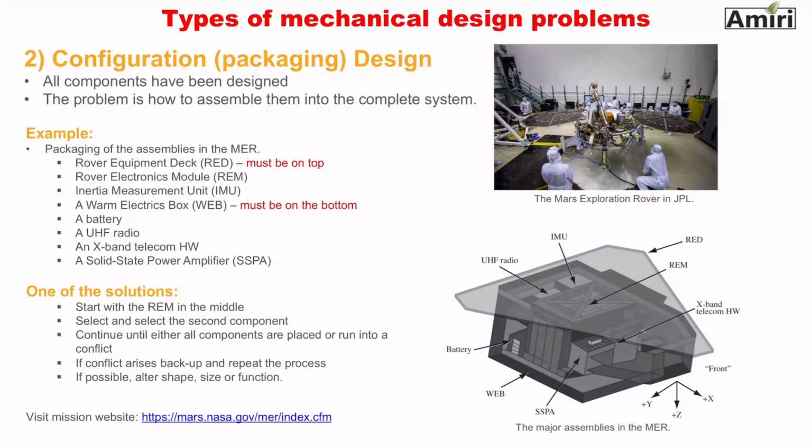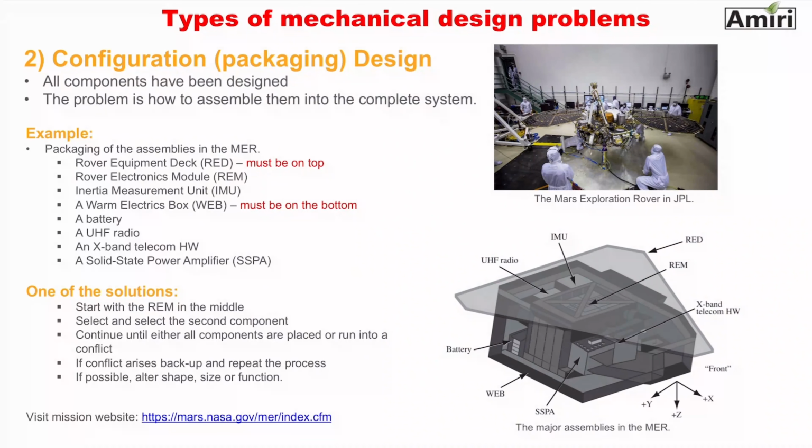A schematic is shown here in some pictures. All the components are designed: RAD, REM, IMU, WEB, SSPA, and so on. Your job is to configure these together, and that becomes a packaging design.